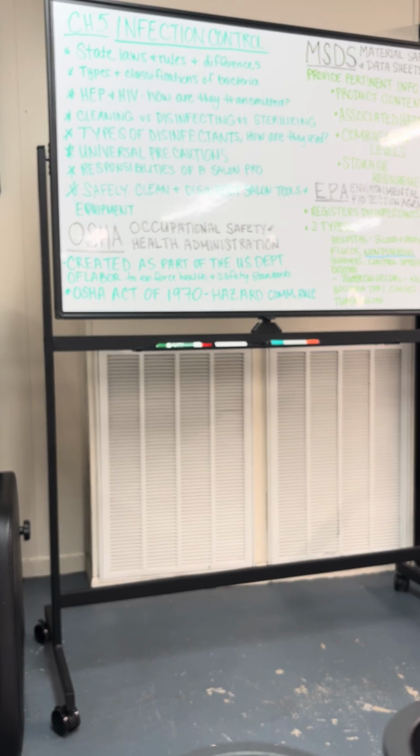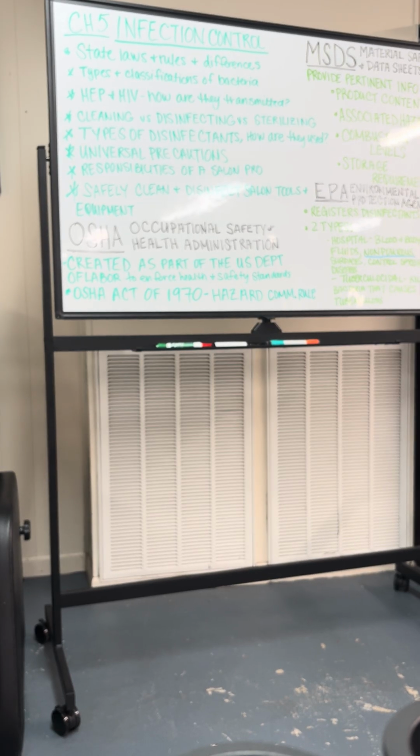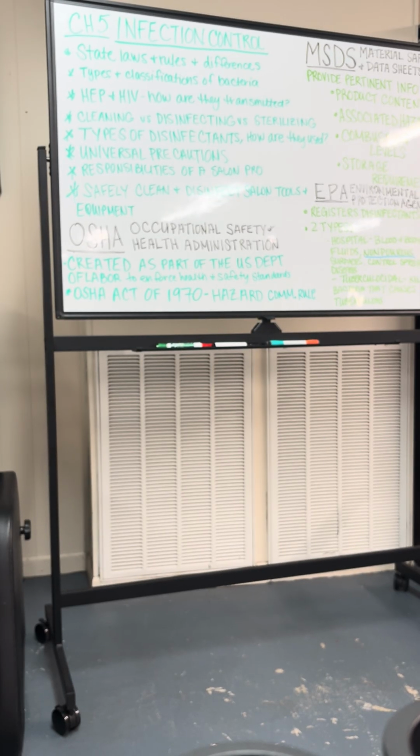Like our colors, our disinfectants, just everything. It's got what it is, the ingredient. So hair color: hazards, what to do in the case of an emergency, potential health effects, composition or information on ingredients, first aid measures, firefighting measures, accidental release measures, handling and storage. Everything we have has that.